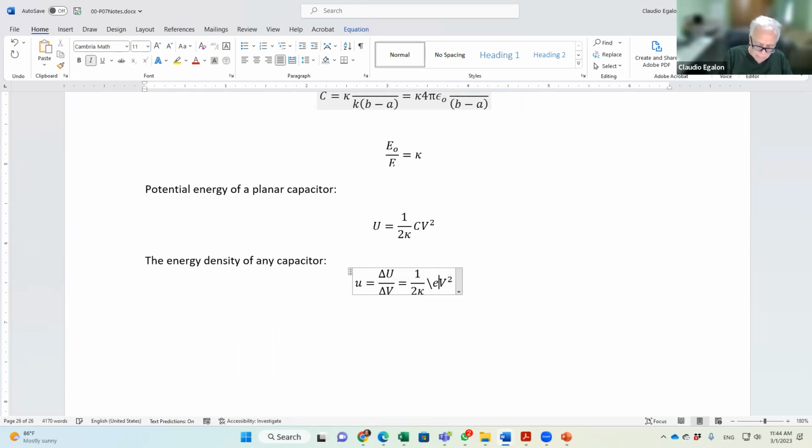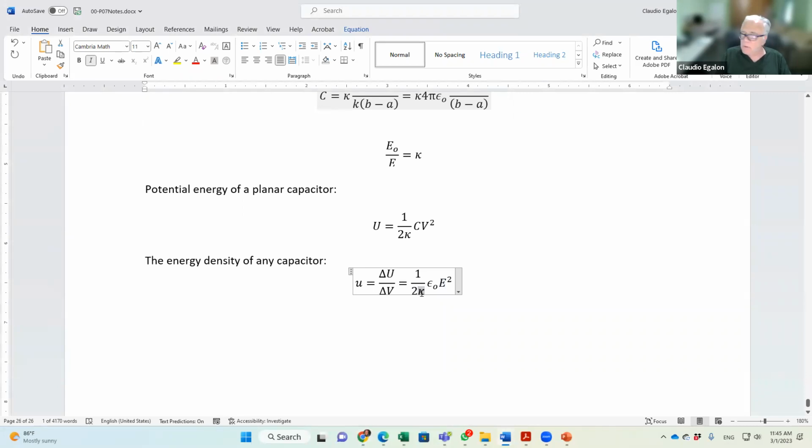Let me double check that's the right one. Let's look at the energy density. Yeah, okay, so we have a kappa here.